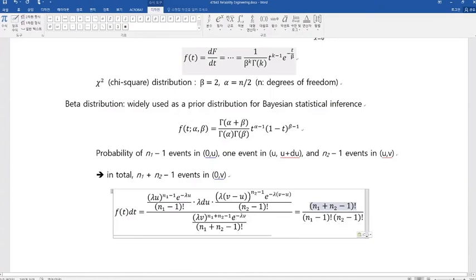So all the exponentials, exponential minus lambda v, exponential minus lambda u, and exponential minus lambda times v minus u, will cancel each other. And if we count the number of lambdas: lambda to the n1 minus 1, lambda, and lambda to the n2 minus 1.